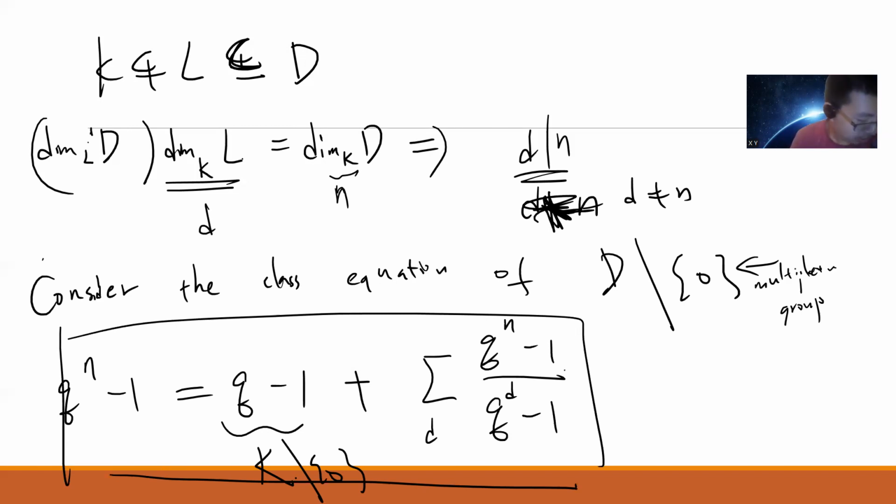Okay, so now let's do something, right? So let me just write down. We have Q to the N minus 1 equals Q minus 1 plus something, and Q to the D minus 1 for some D, and Q to the N minus 1.